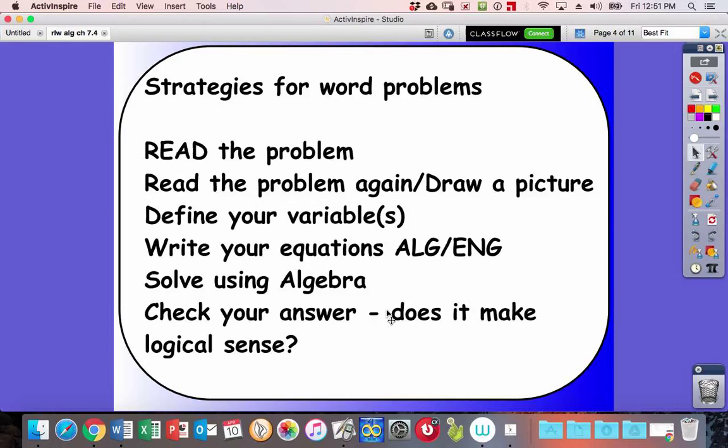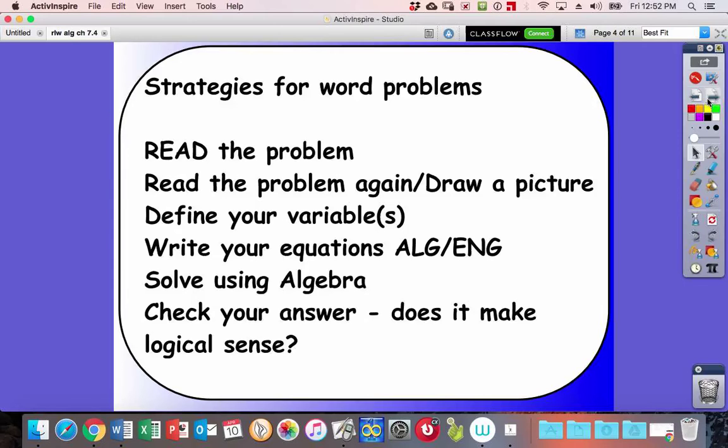And you always want to check your answer. Now, what I mean by that is you can't always go back algebraically and double check it, but you want to ask, does it make logical sense? If you're solving something where you buy hot dogs and a Coke at the basketball game and the Cokes are -$4, then you have probably made a mistake, right? So let's think about that a little bit at the end, does it make logical sense?